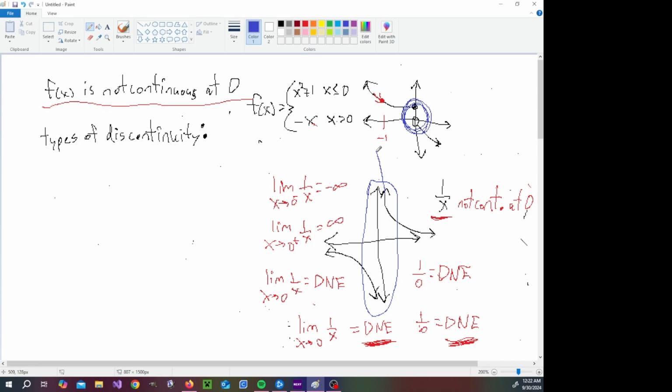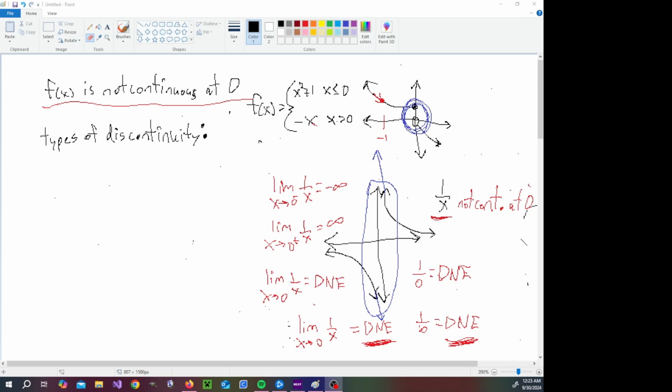This is going up and up and up to positive infinity forever and ever. This is going down and down and down to negative infinity forever and ever. So it is useful to differentiate between these different kinds of discontinuity.